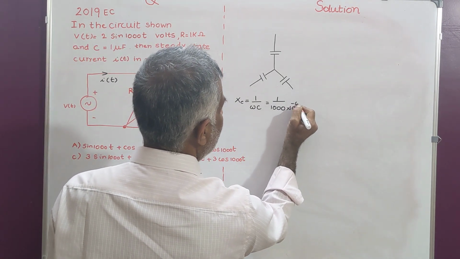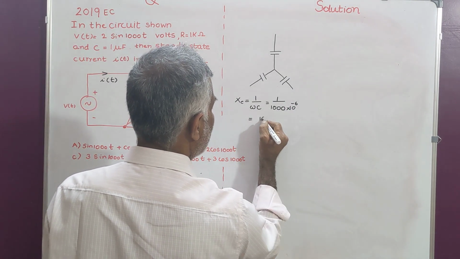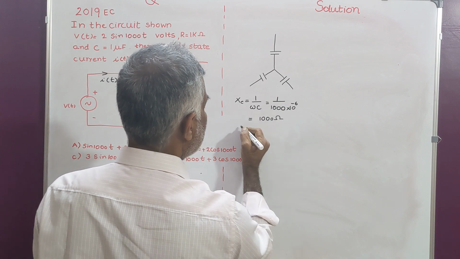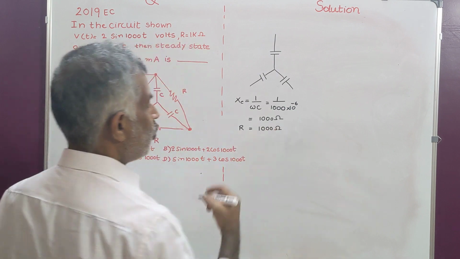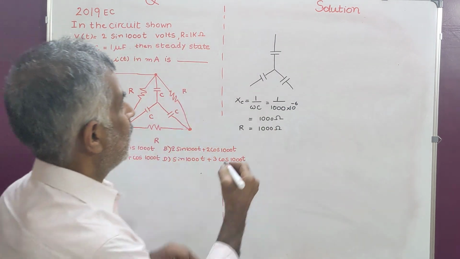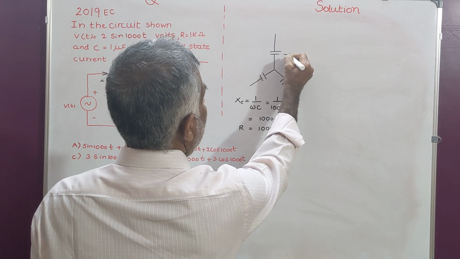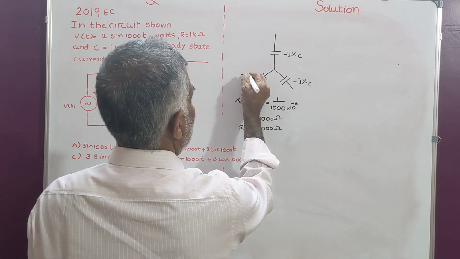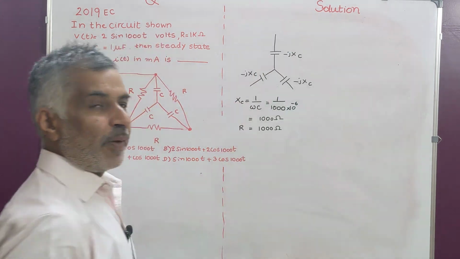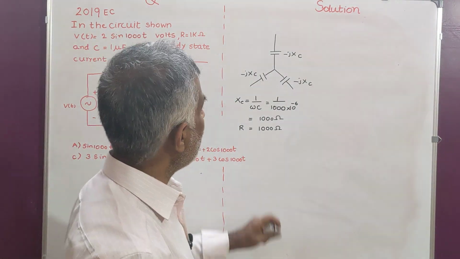If you calculate, it comes out to be 1000 ohms. Resistance is also 1 kilo ohm or 1000 ohms. So numerically the same, but as you know, for capacitive reactance the minus j notation is to be used.